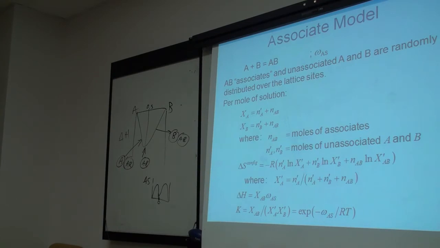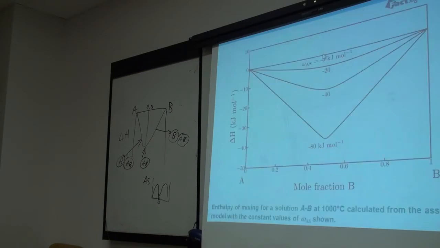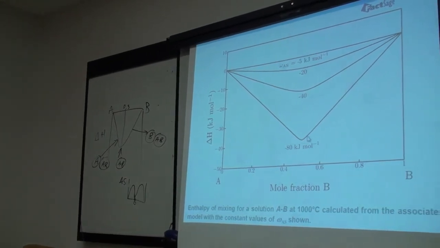And using the associate model, when you have negative values of omega associate, you can fit binary systems very nicely. So here is a hypothetical system AB at 1,000 Kelvin, 1,000 Celsius, calculated from the associate model with constant values of omega. You can see if omega is very negative, you have almost a straight line.